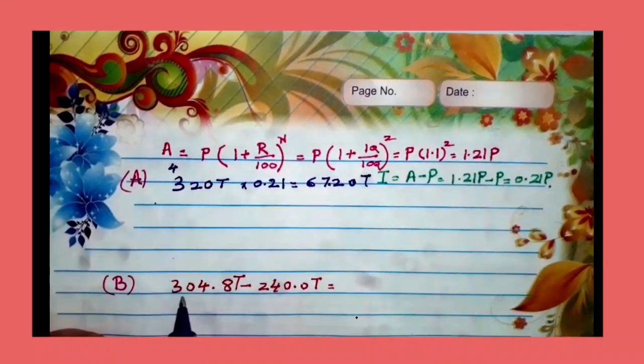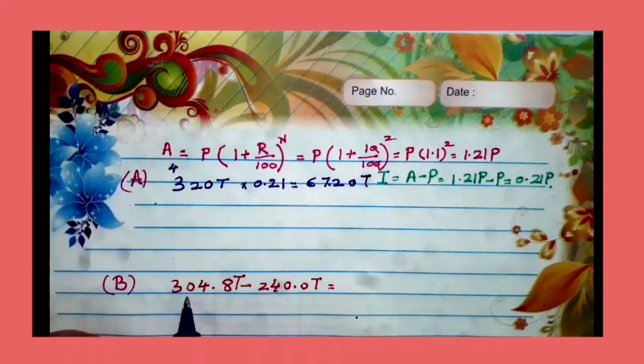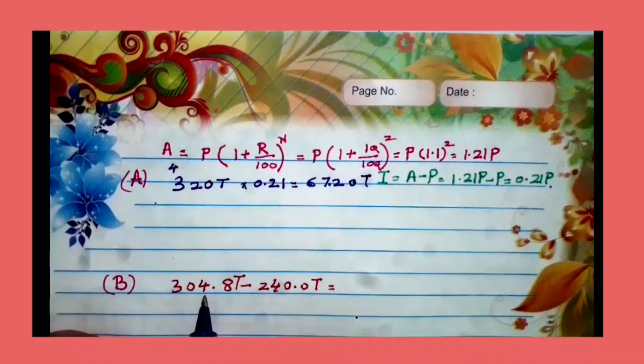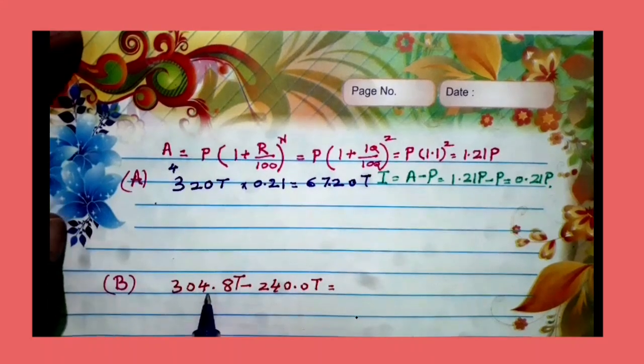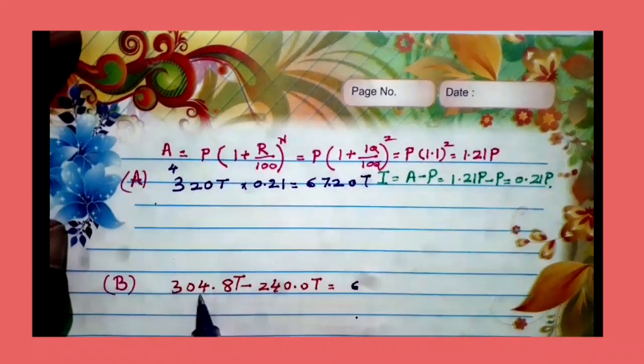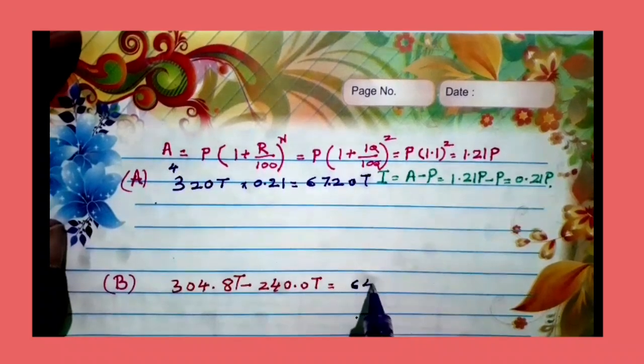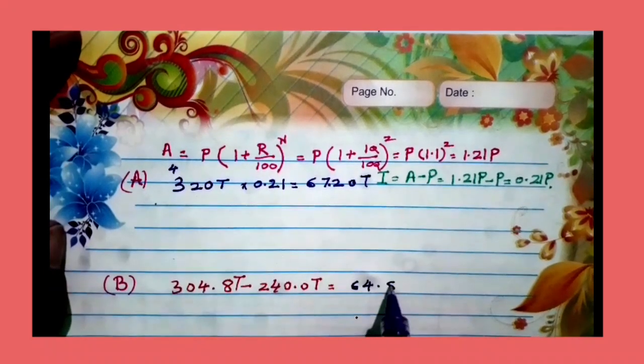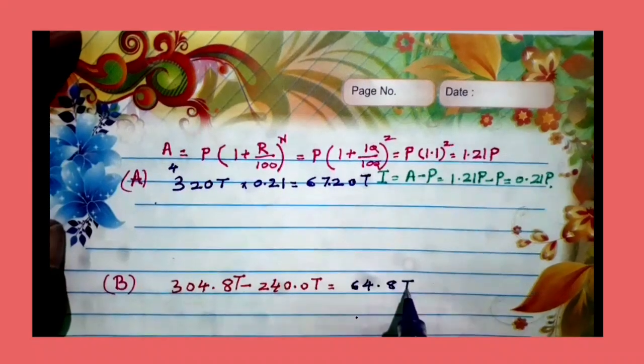Now the second, person B in mutual fund gets 3,04,800. That is, he is saving 64,800.